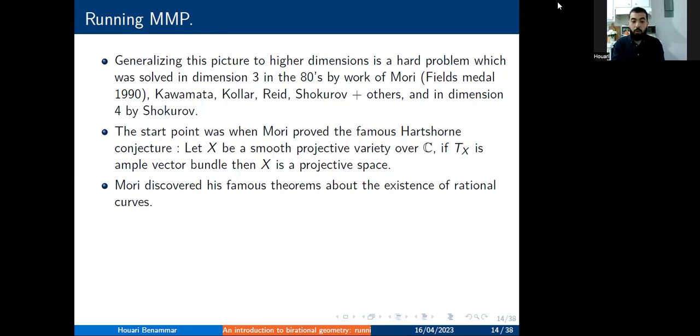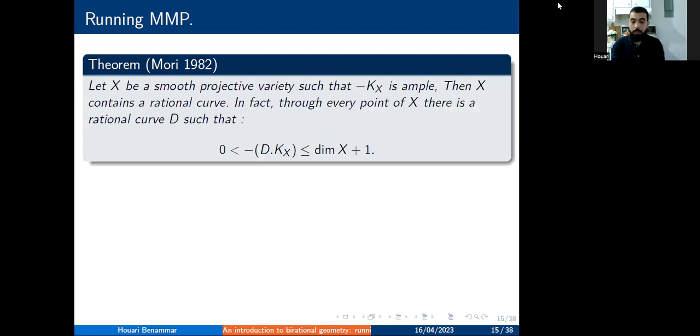Okay. So Mori discovered his famous theorems about the existence of rational curves. When he proved this conjecture, directly after that he gave some theorems which locate the rational curves.